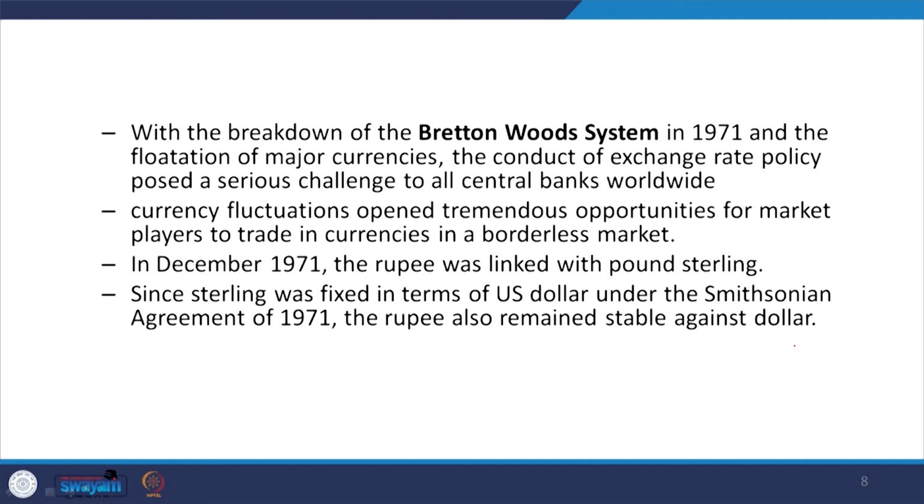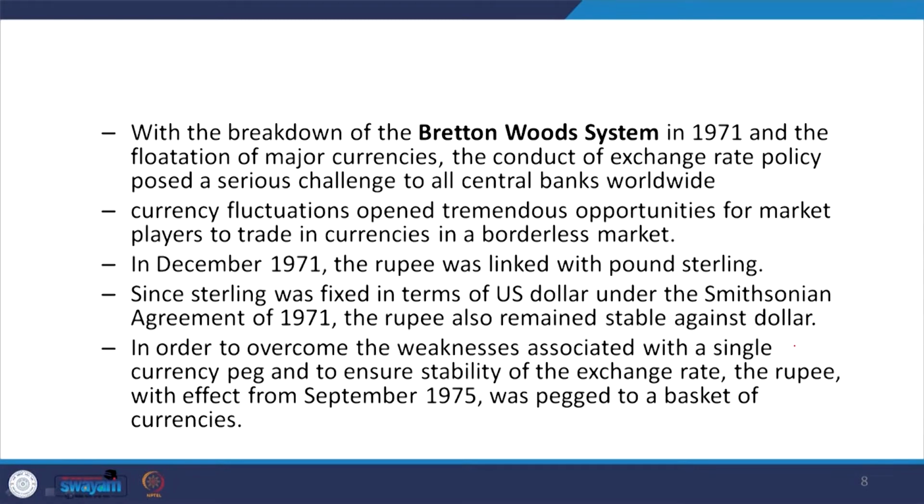In December 1971 the rupee was linked with pound sterling, but pound sterling was pegged to the US dollar because of that agreement. Hence, due to the cross currency relationship, the rupee remained almost stable against the dollar.